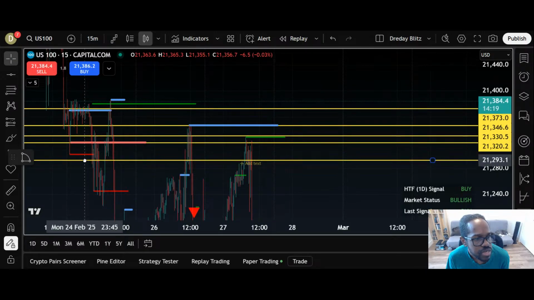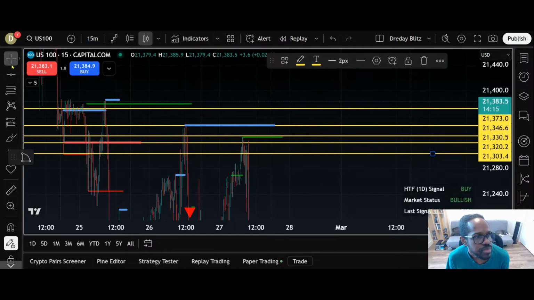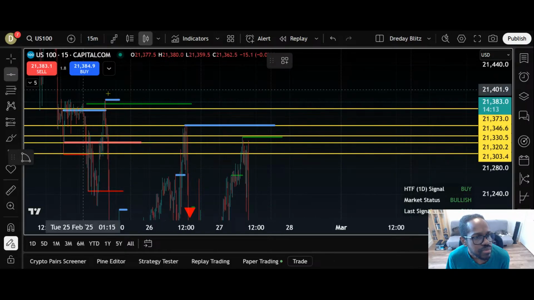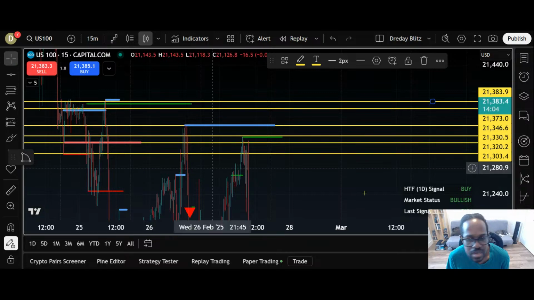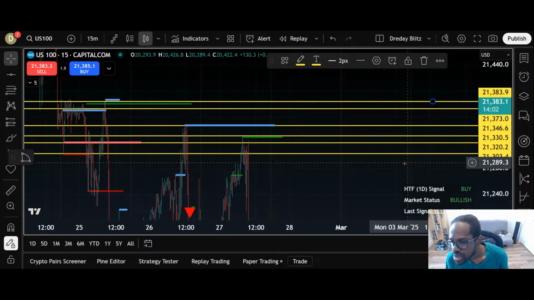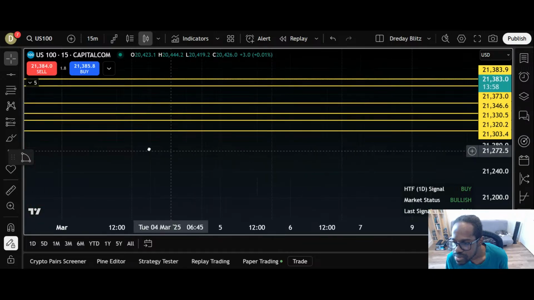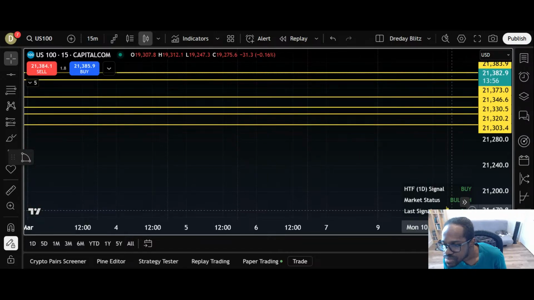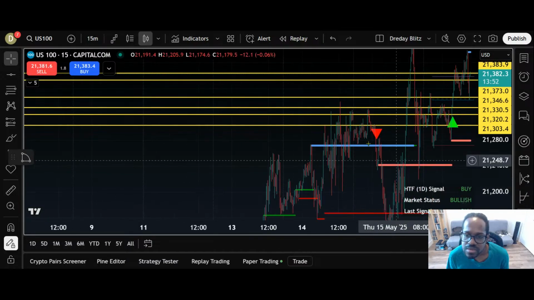Just gonna adjust that, and I'm gonna put another one here between those two, because it's more or less at the same price. Okay, so now I'm gonna go on the left side. Right here, boom.